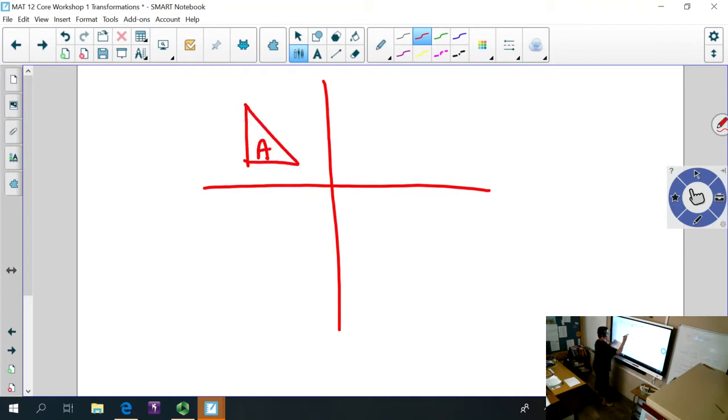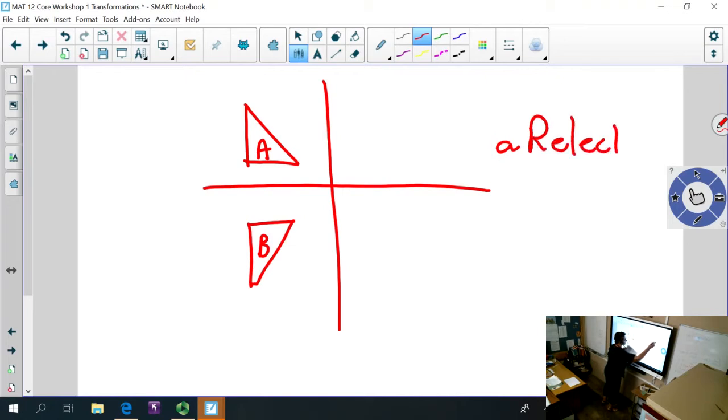There is shape A. Describe fully the single transformation that maps A onto B, and here is our B. So we can clearly see that that is a reflection. It's a reflection. And how? Over the x-axis. I need a line. I always need a line, not a point, a line.